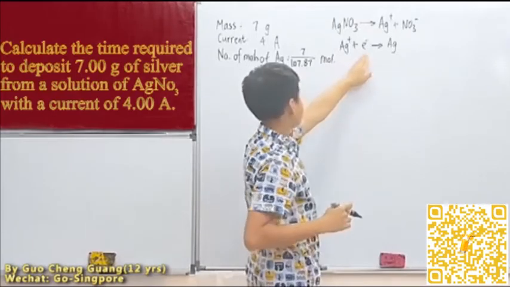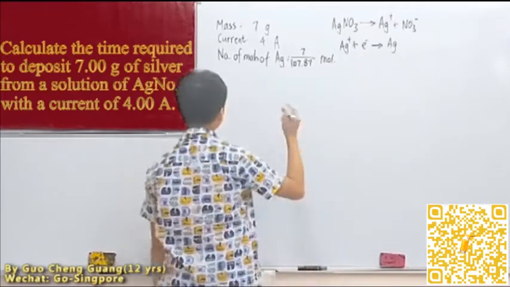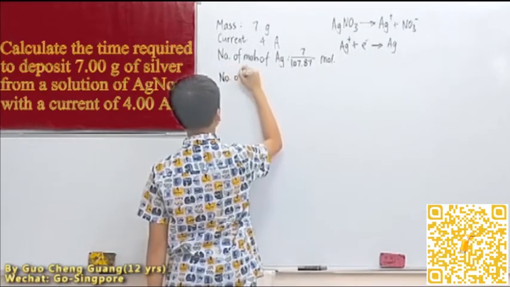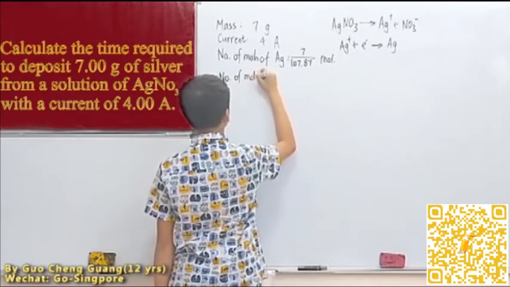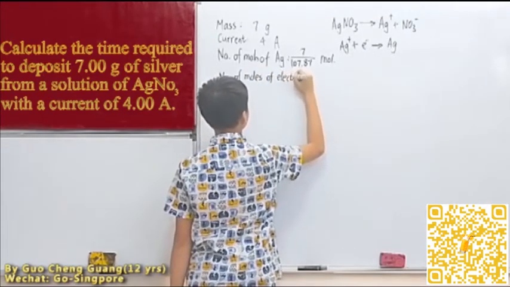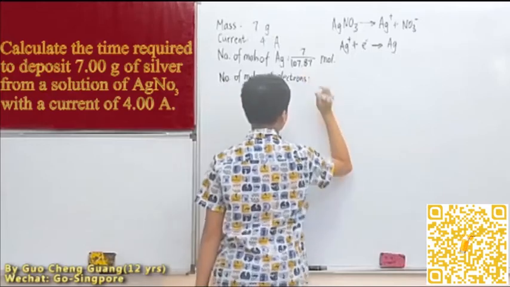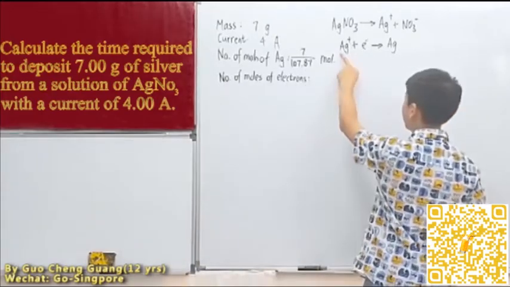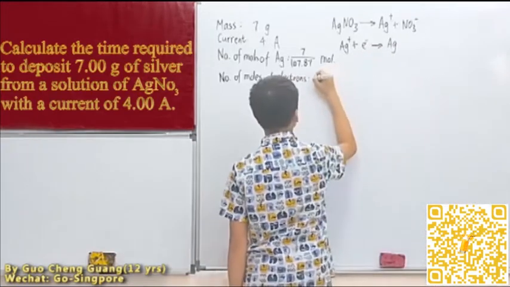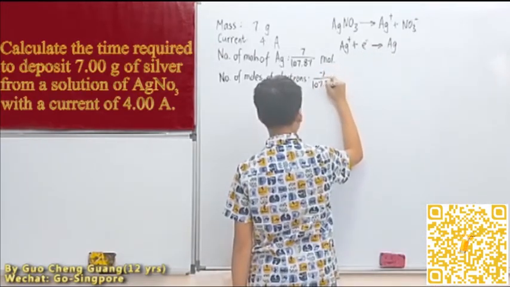Then after that, you can find the number of moles of electrons. If you have realized, one silver needs just one electron, so actually it's just the same.